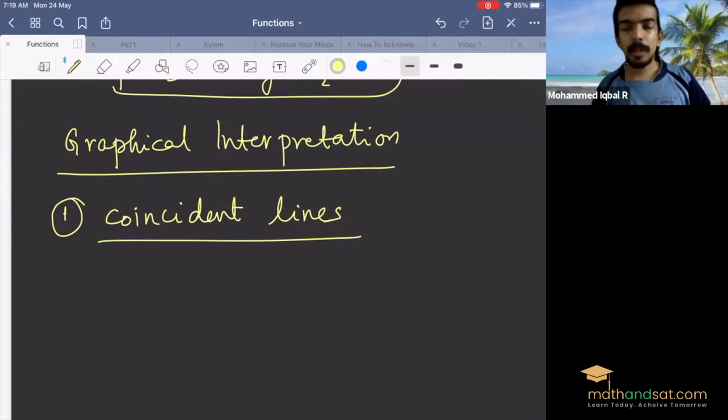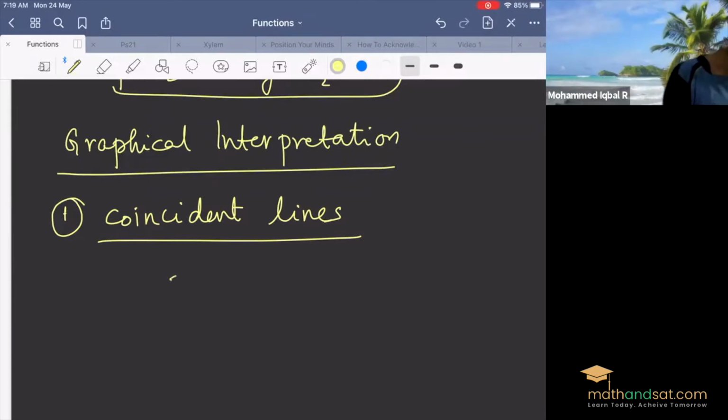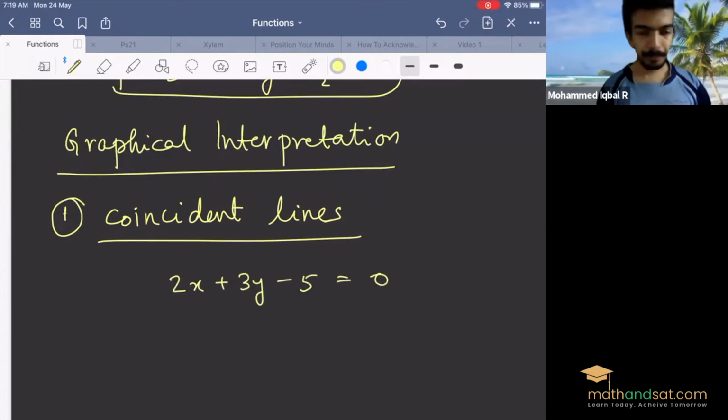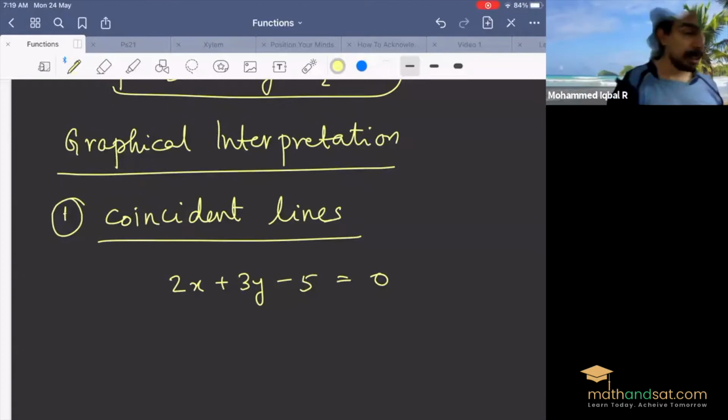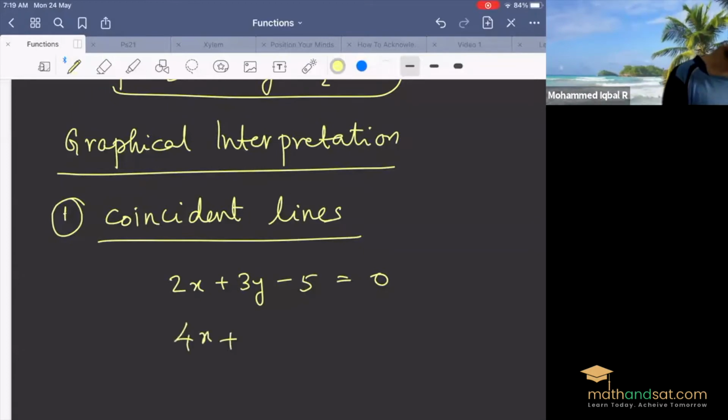Say, for example, if you have 2x plus 3y is equal to 5, or 2x plus 3y minus 5 is equal to 0, as an equation. Now, suppose I multiply the entire equation with a number, say, for example, we have 4x plus 6y minus 10 is equal to 0.